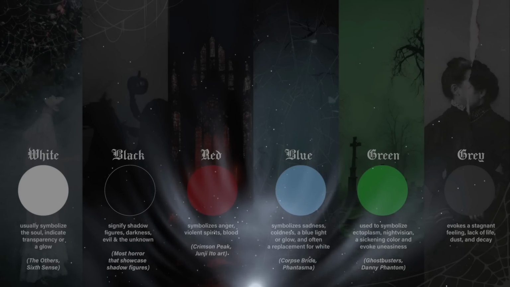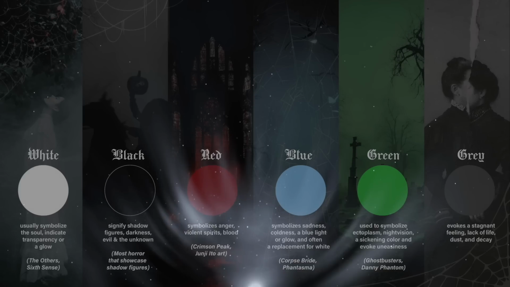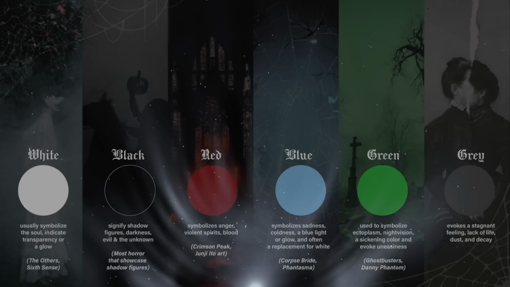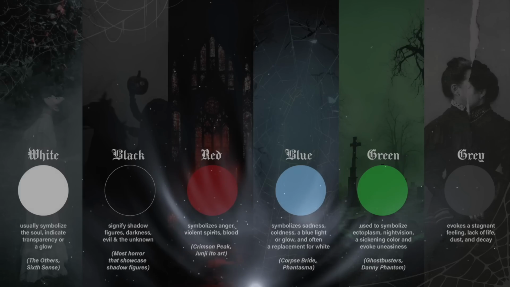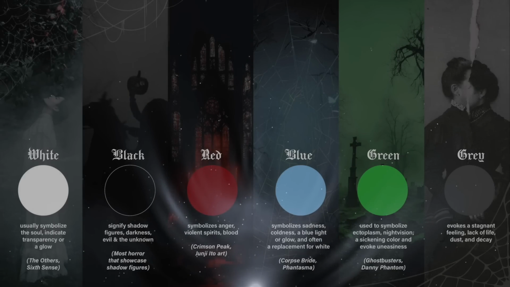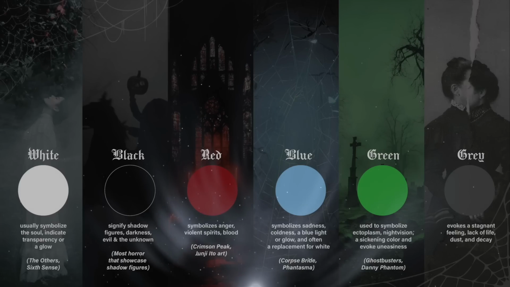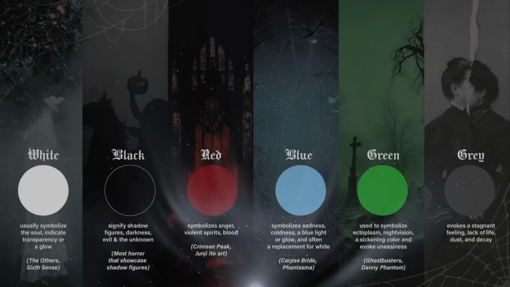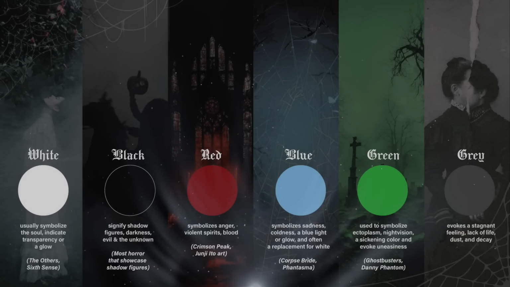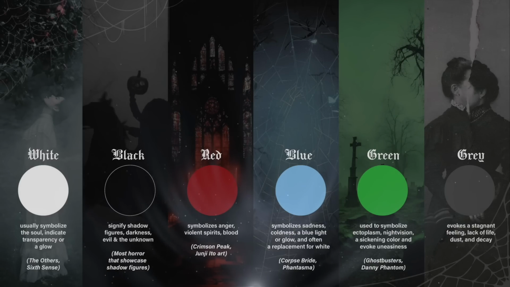This symbolically can mean a lot of things. It can mean just literally the afterlife. It could be a depiction of the soul of the person. Oftentimes in media, such as books or movies or cartoons, white can also indicate this idea of transparency, since that tends to be a key word when it comes to dressing ghostly.